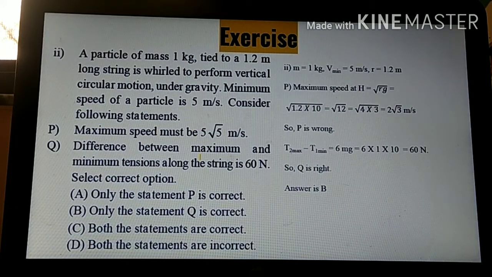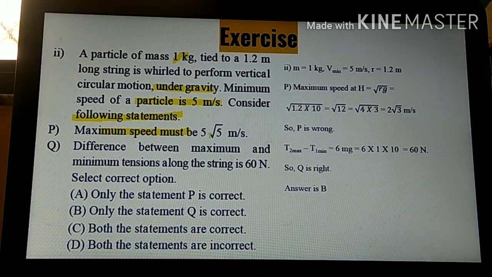Next one. A particle of mass 1 kg, which is tied to a 1.2 meter long string, is whirled to perform vertical circular motion under gravity. Minimum speed of the particle is 5 meters per second. We have to consider the following statements. What is the maximum speed?